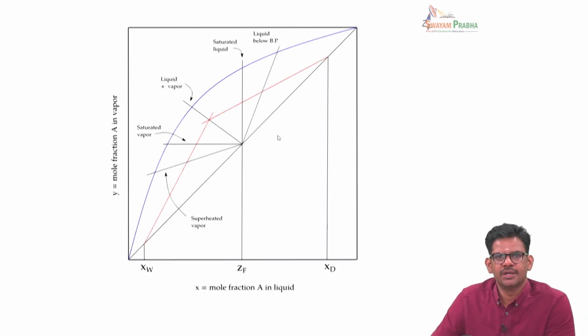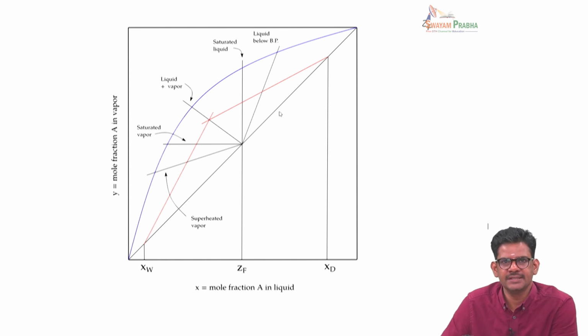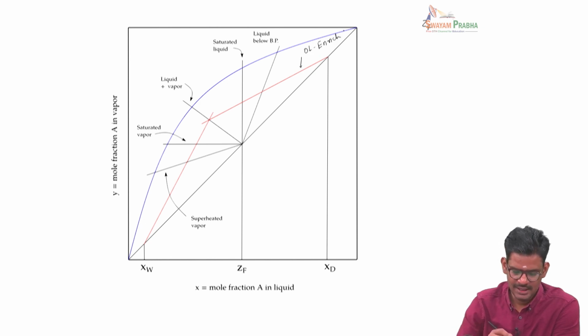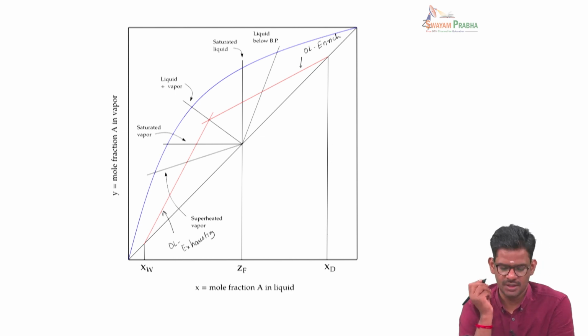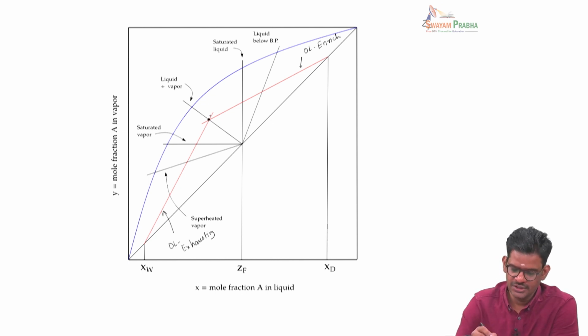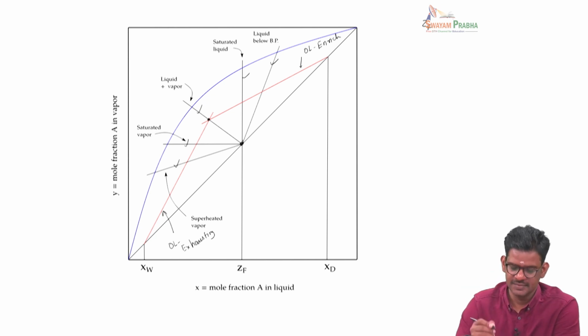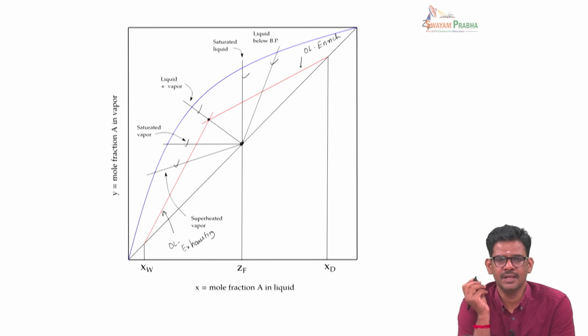Here this red line is the operating line of the enriching section, and this red line is the operating line of the exhausting section. Now these two lines cut at this particular location, and you see these different black lines, which are different kinds of Q lines. As I said, the Q line can have different slopes, but they all will start at the 45-degree line corresponding to ZF.